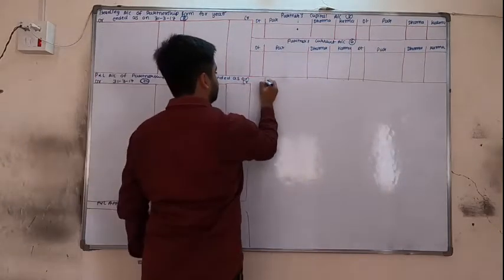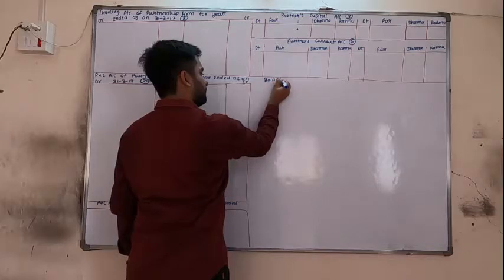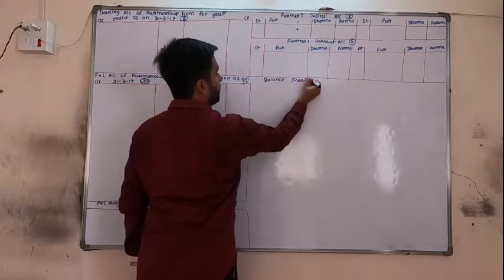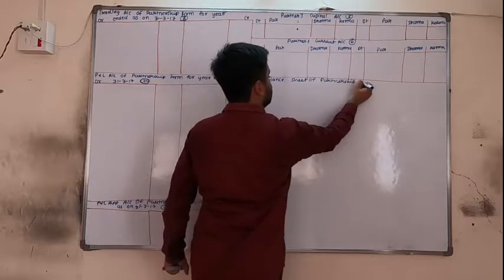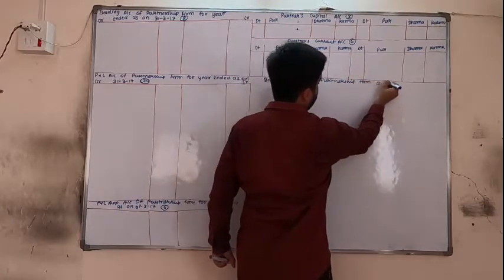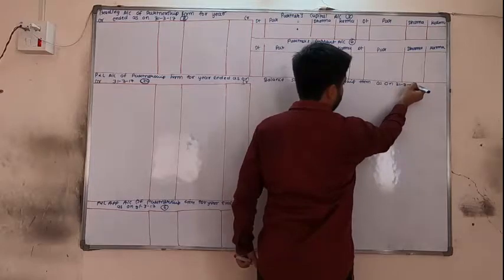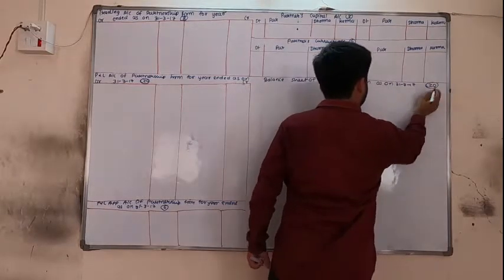Last, balance sheet of partnership firm as on 31/3/17 for 20 lines.